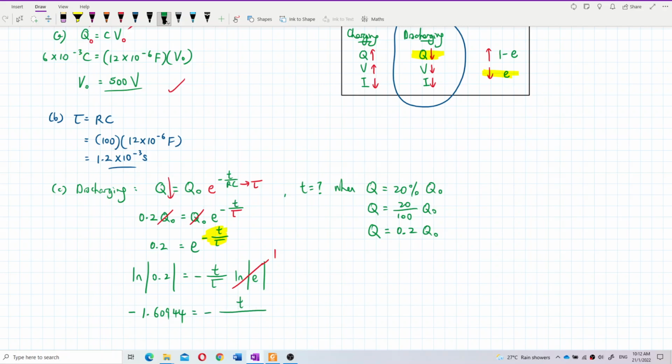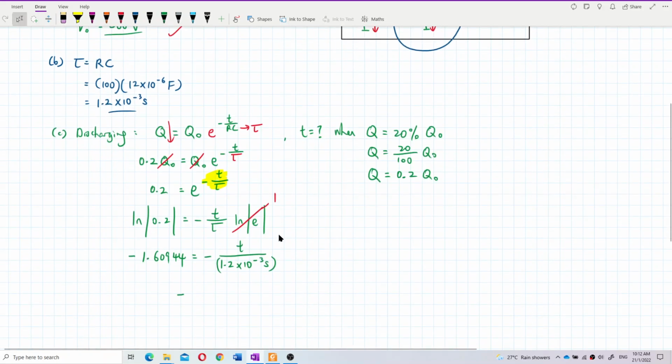What is tau? The time constant is 1.2 exponent negative 3 second. Put that time constant there. Next we can find our time.